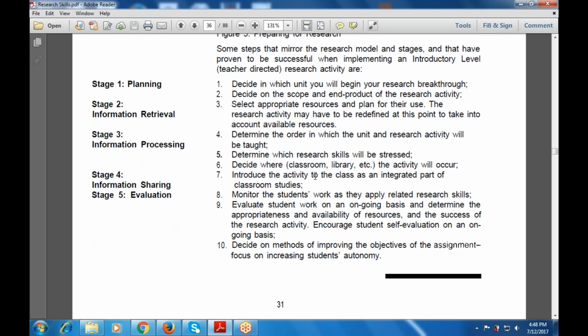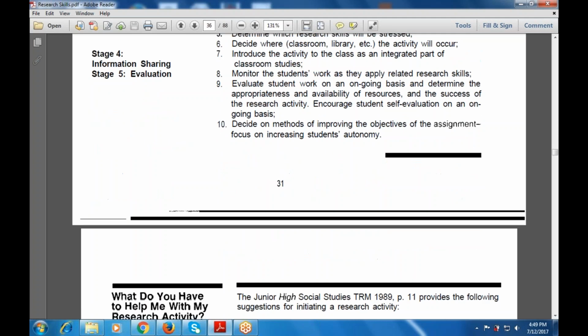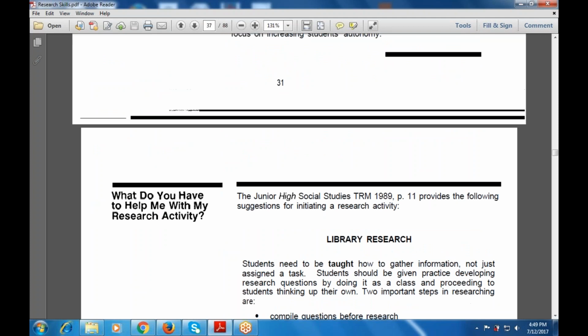Monitor the students' work as they apply the related research skills. Then evaluate the student work on an ongoing basis and determine the appropriateness and the availability of the resources and the success of the research activity. This should also encourage student self-evaluation on an ongoing basis. Next, decide on the methods of improving the objectives of the assignments, focusing on increasing the students' autonomy.